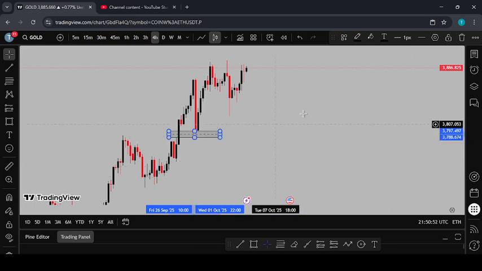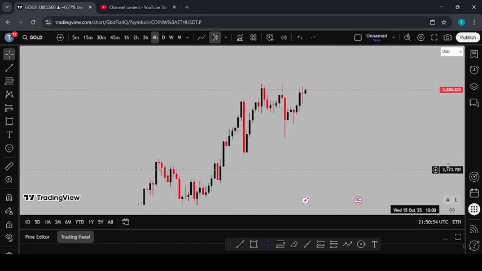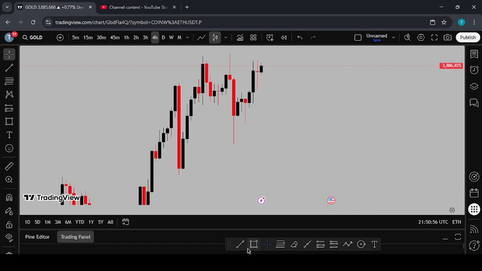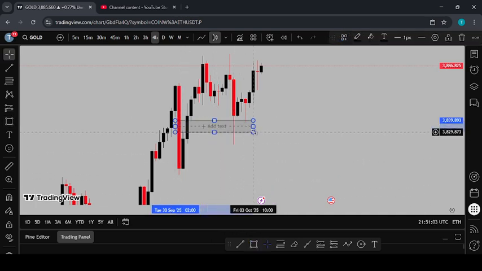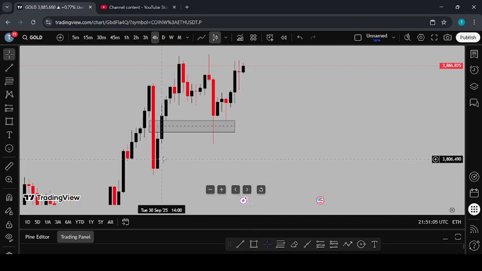Now someone was looking at this and said, oh, smart, I was expecting the market to trade off this imbalance, but price took out the imbalance. No, this is a three candle move. You can see 1, 2, 3, there's a break of structure. So a low, then a break of structure.